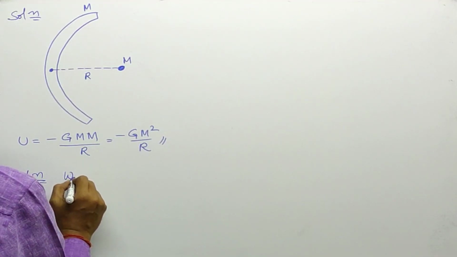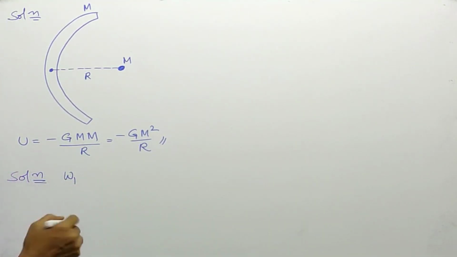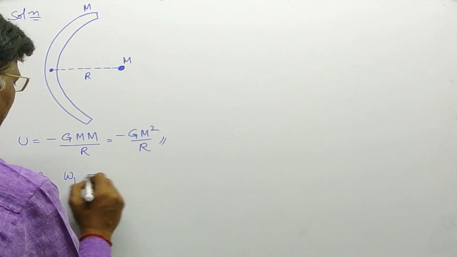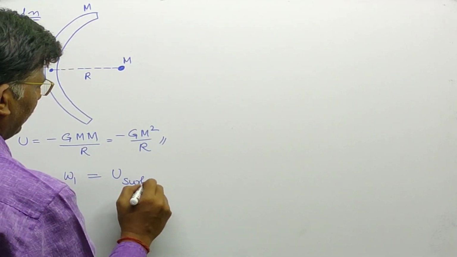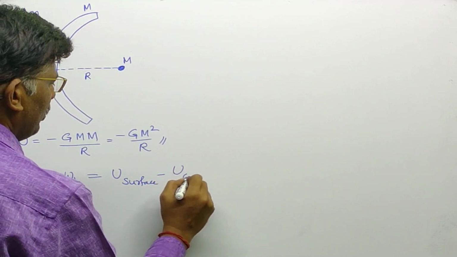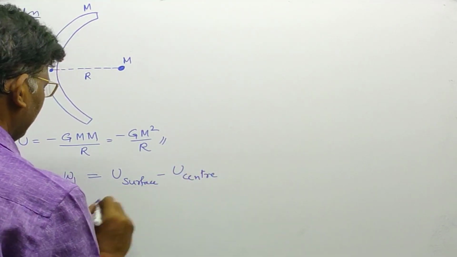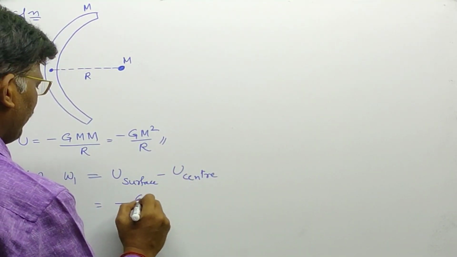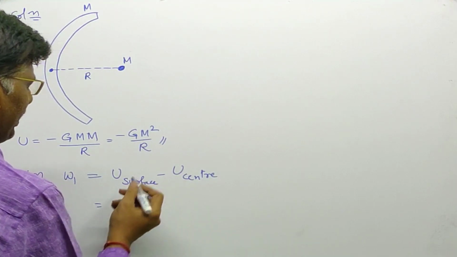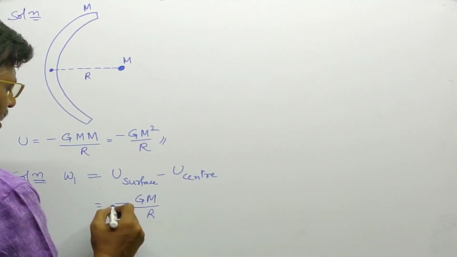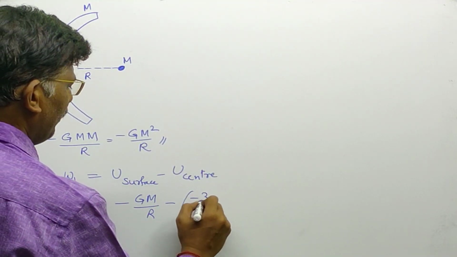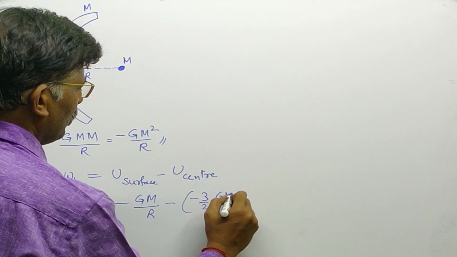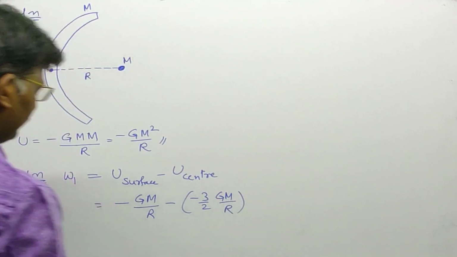Work done in moving a body from the center to the surface of the earth, W1, can be written as U surface minus U center. The gravitational potential energy at the surface is minus Gm by R, minus, at the center, minus of minus 3 by 2 Gm by R.